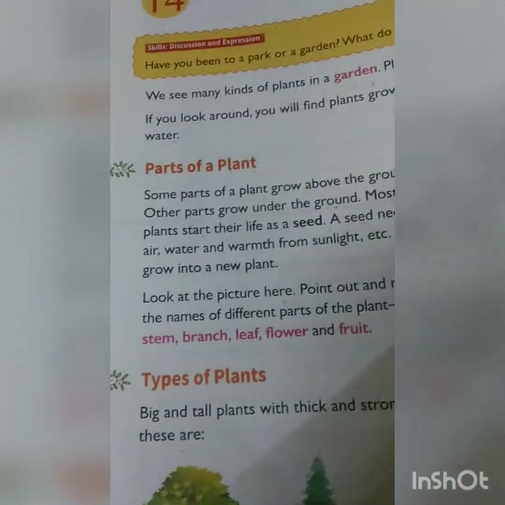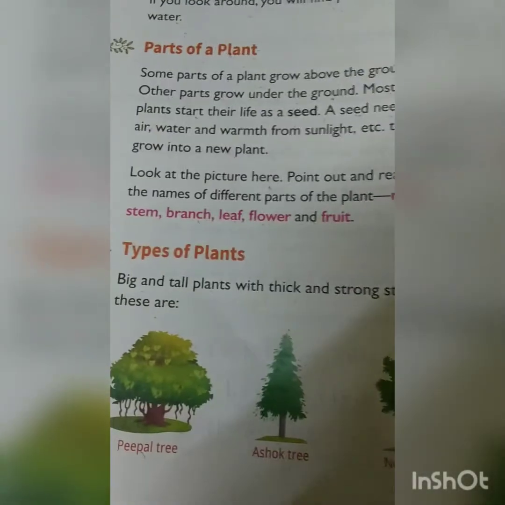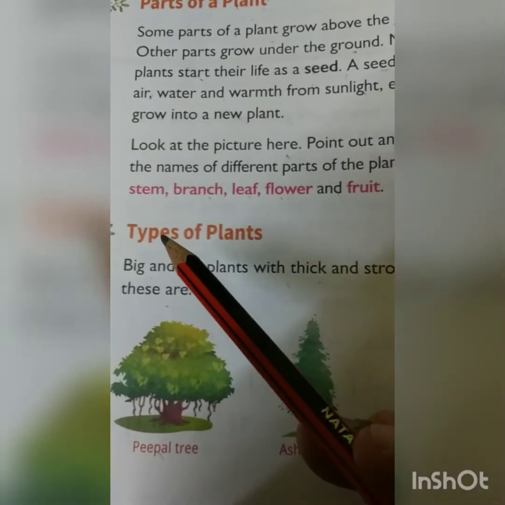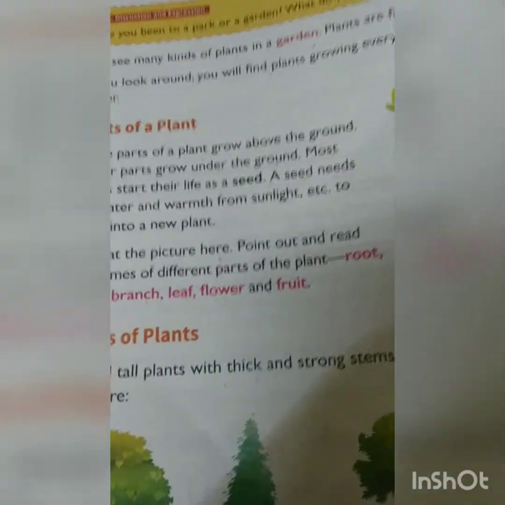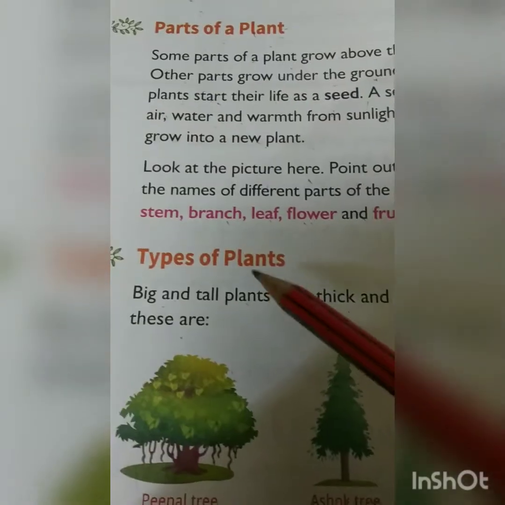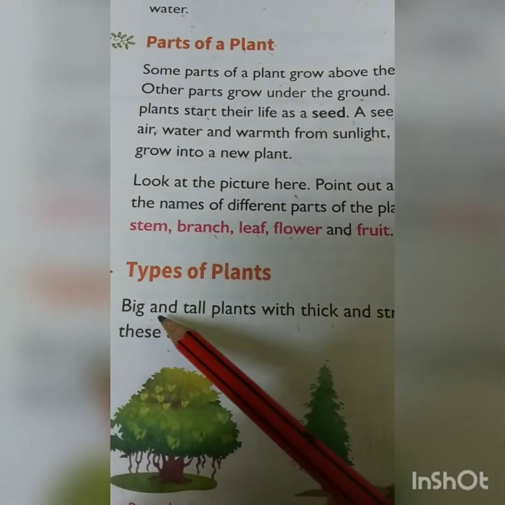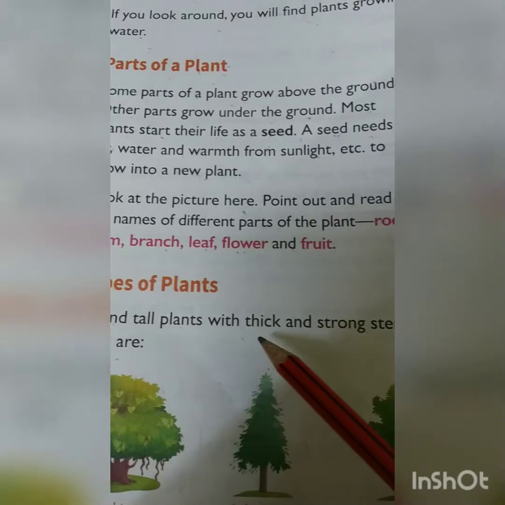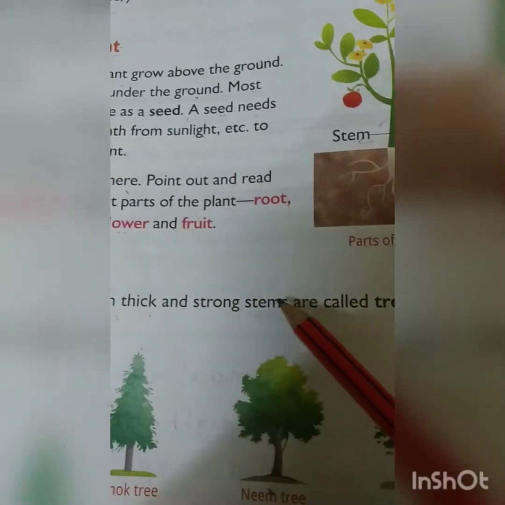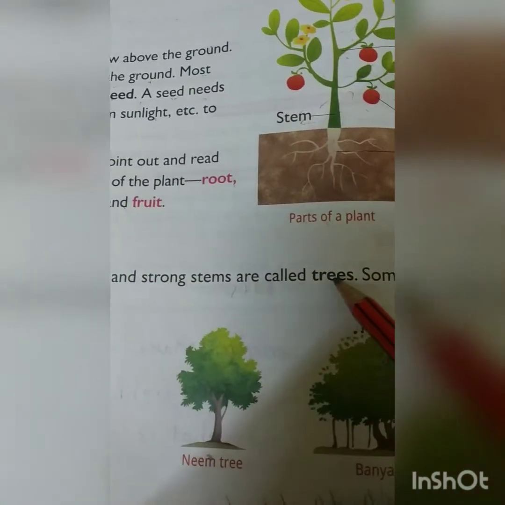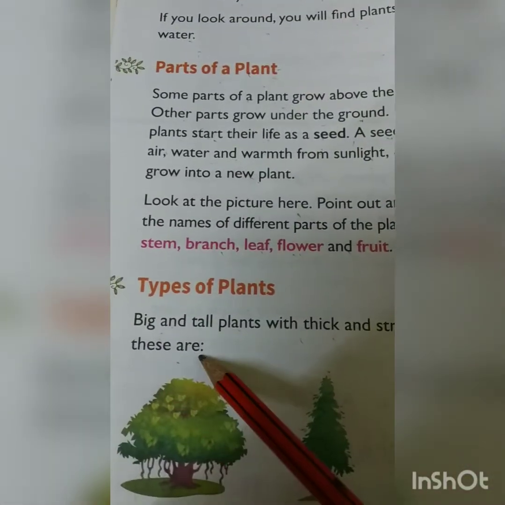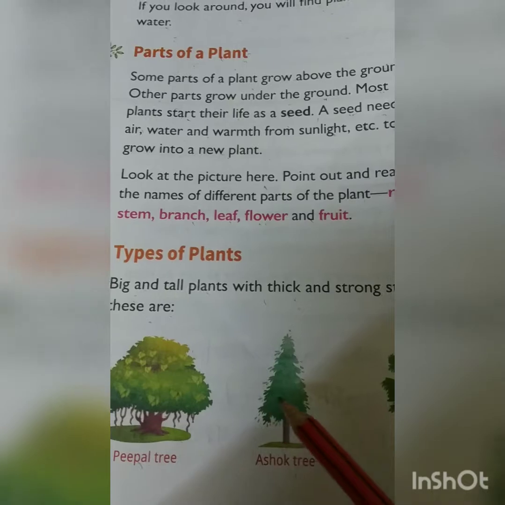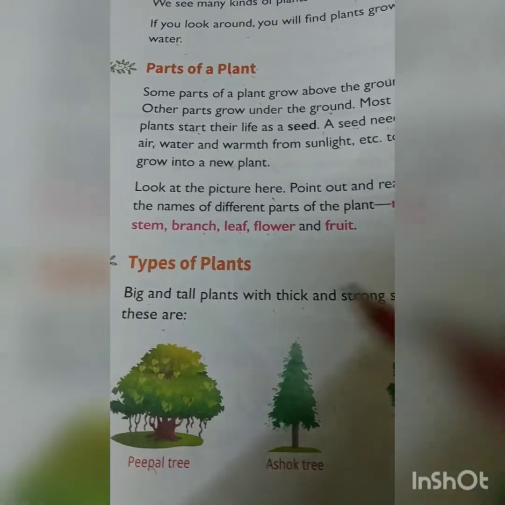So we saw the parts of the plants. Now next we are going to see the topic, types of plants. Big and tall plants with thick and strong stems are called trees. Some names of the plants are given here.